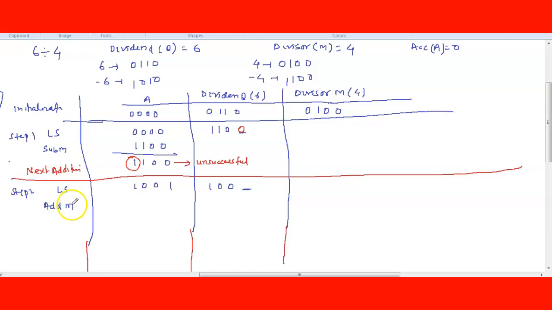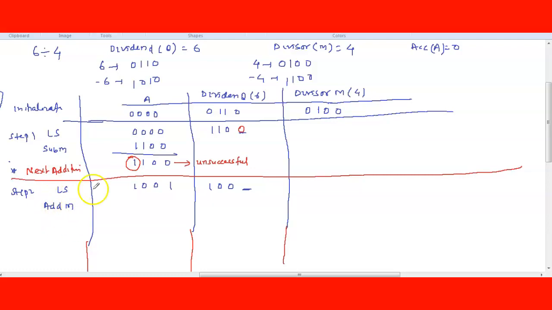In the next step, you compulsorily have to add when you got unsuccessful in the previous step. That's why you mark it here. Next step is addition. You do not restore, you continue as it is, but make sure the next steps are additions.